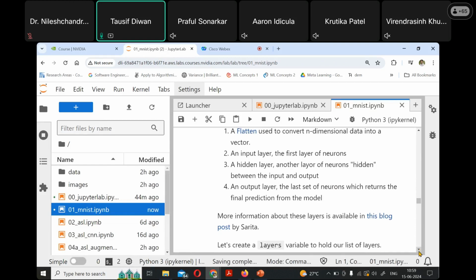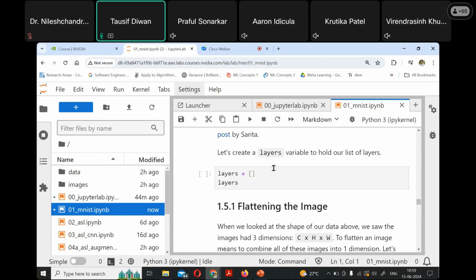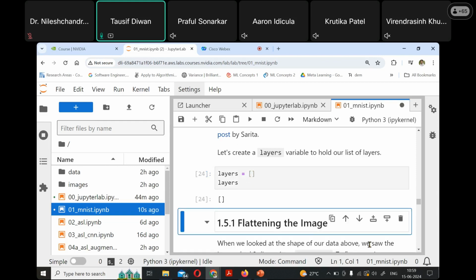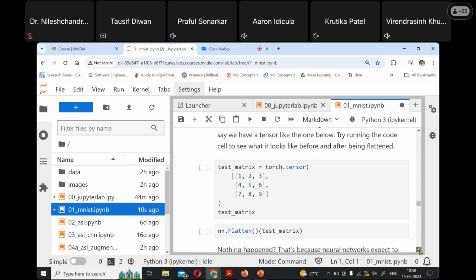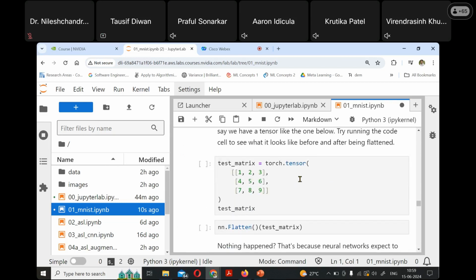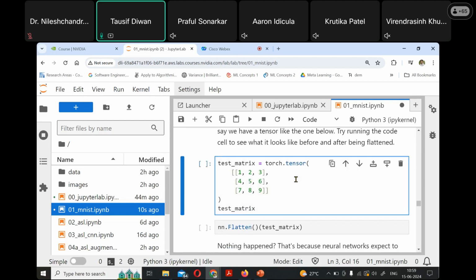And then last layer, in which 10 neurons are there. This is the model that we are interested in building. First of all, we are defining this set of layers. Initially nothing is there. Okay, then flattening the image. See here, this is just an example of how flattening actually works. So here we are providing a 2D matrix.